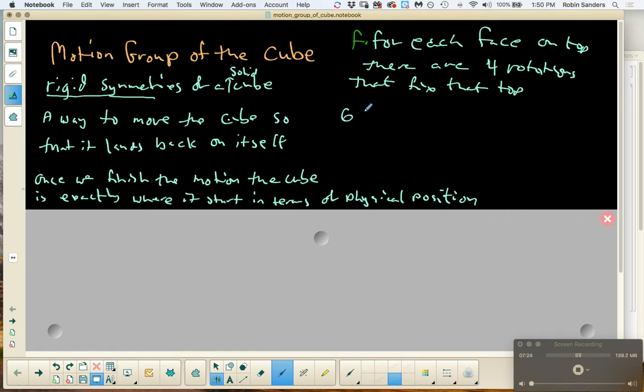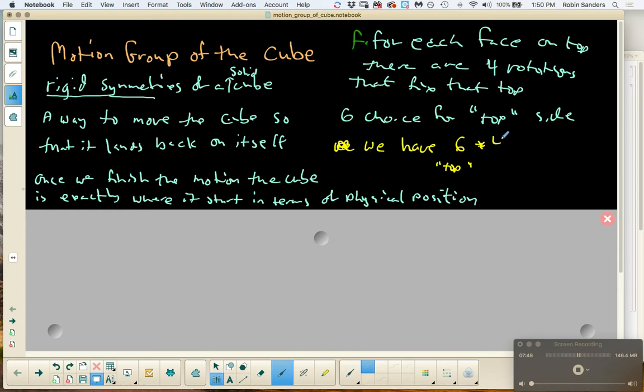And there are 6 choices for which side got moved to the top. And so what that means is that we have six choices for top times 4 rotations equals 24 rigid symmetries.